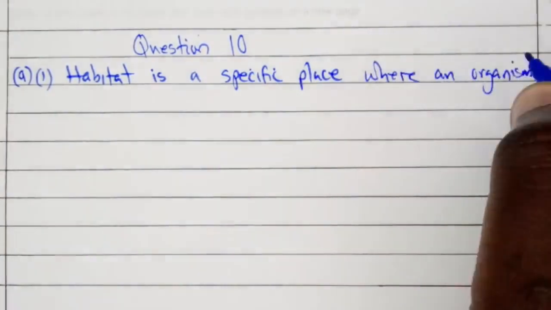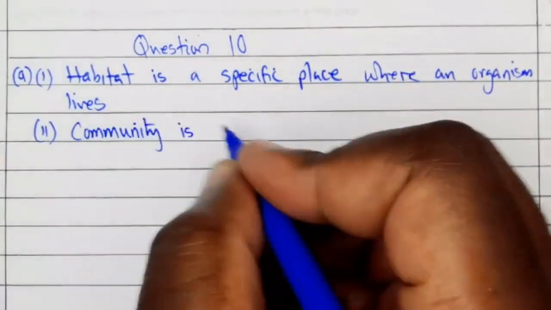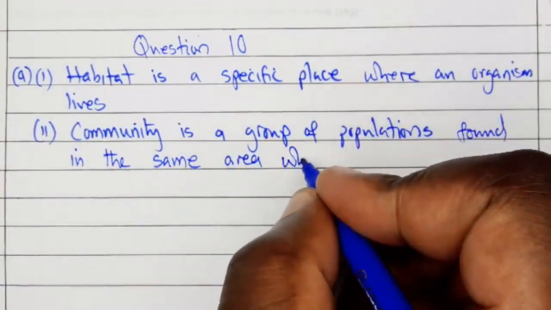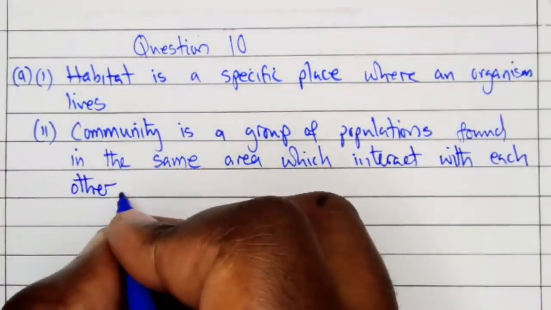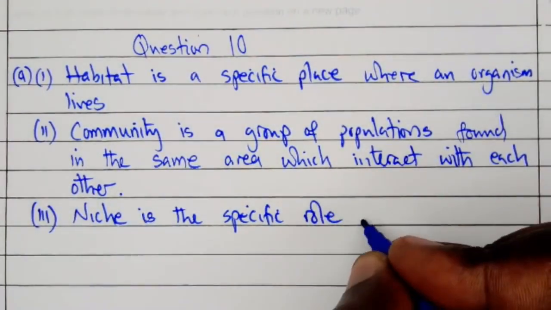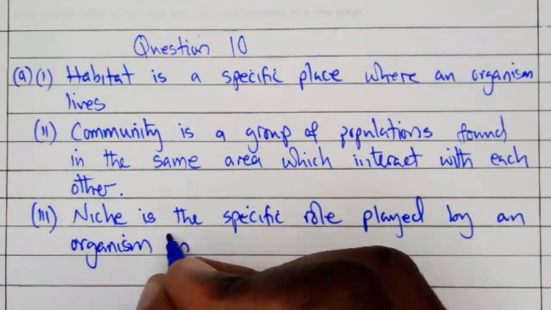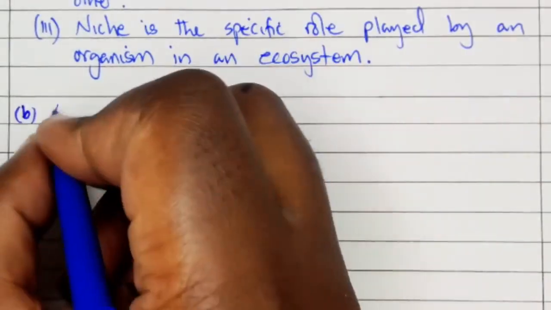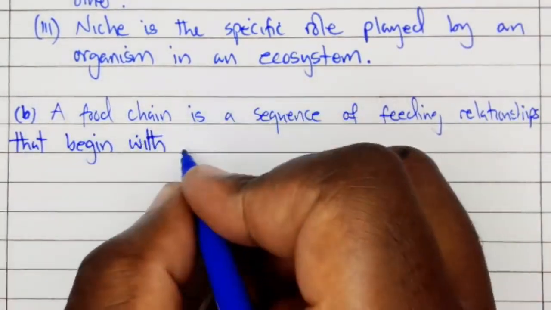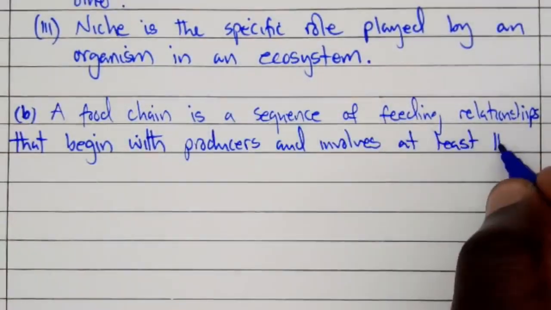Habitat is a specific place where an organism lives. A2. Community is a group of populations found in the same area which interact with each other. A3. Niche is a specific role played by an organism in an ecosystem. Part B. A food chain is a sequence of feeding relationships that begin with producers and involve at least 3 organisms.